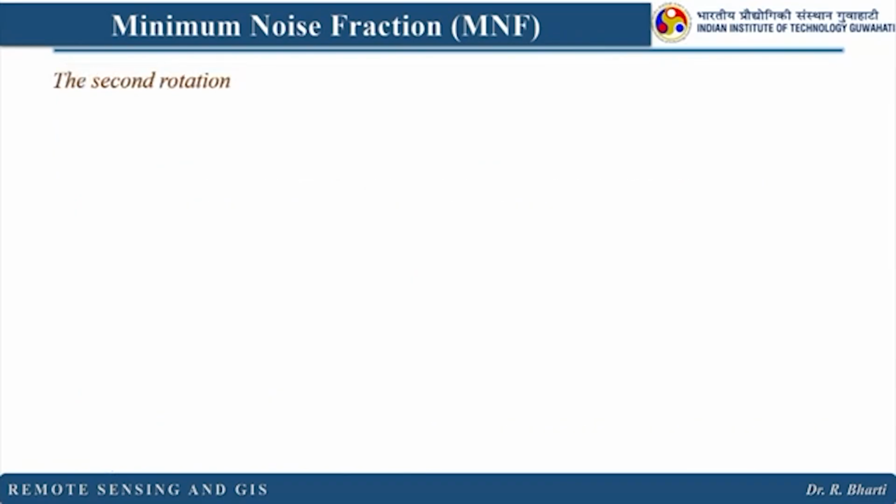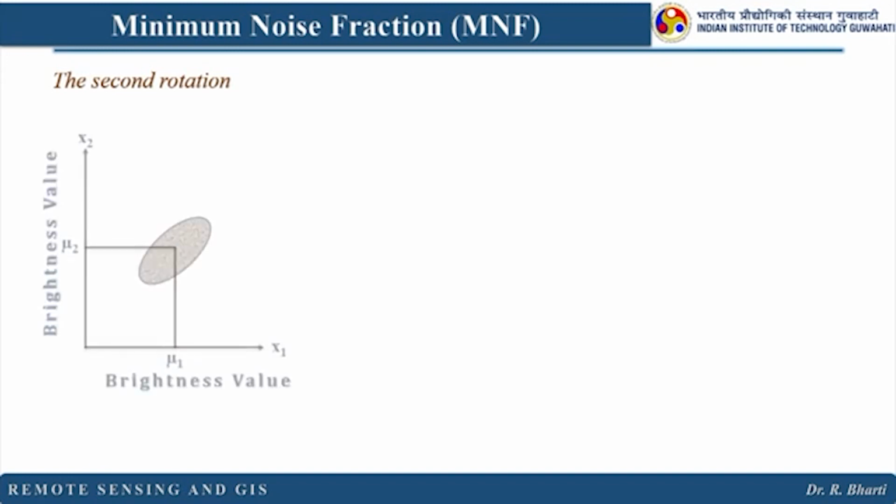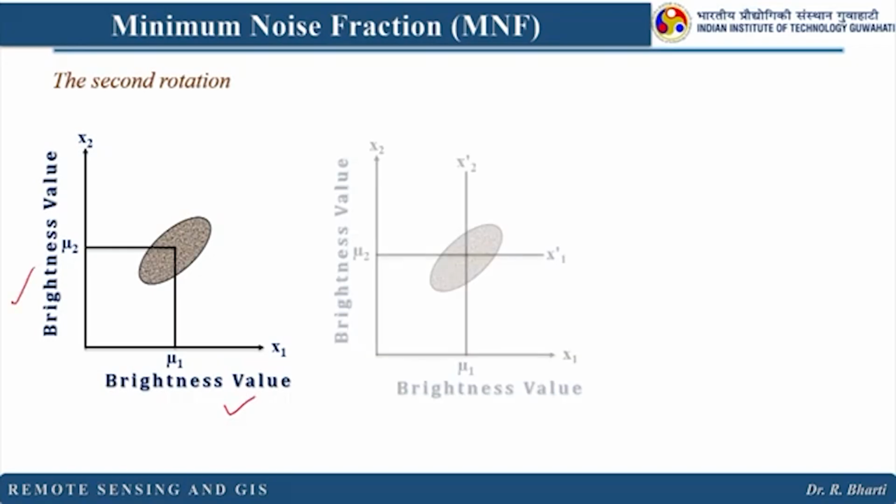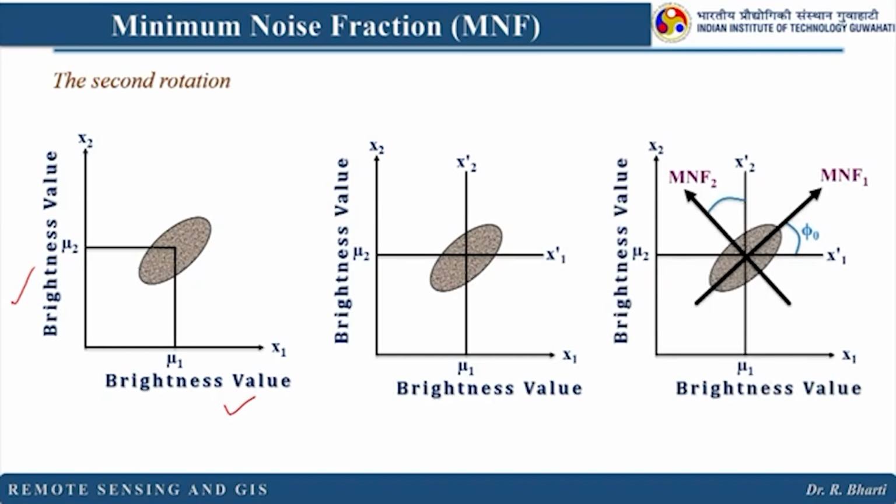So, in the second rotation, it is as good as your PCA. So, here you have two bands, band 1 and band 2, where you have high correlation, then you rotate with some angle and then your data will be uncorrelated. So, there will be no band to band correlation between the data sets after MNF processing.